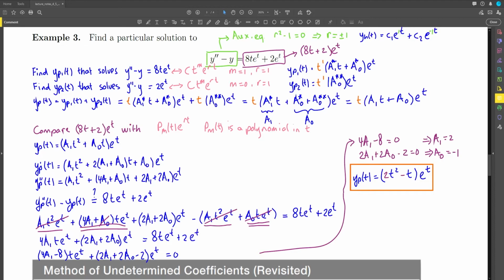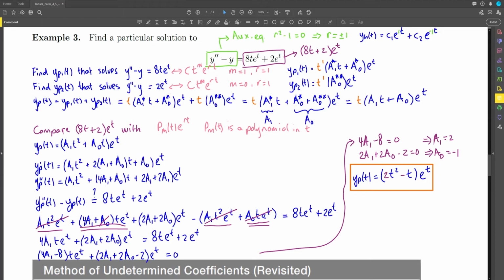So this allows us to revisit the method of undetermined coefficients. Remember previously we had to compare the right-hand side of a differential equation with a power of t times a constant times e to the power rt. But with the superposition principle, we saw that we could generalize that into a polynomial of t.